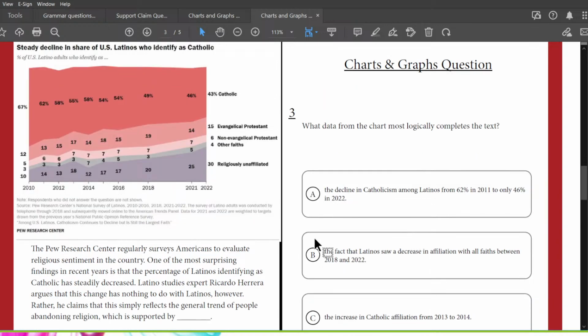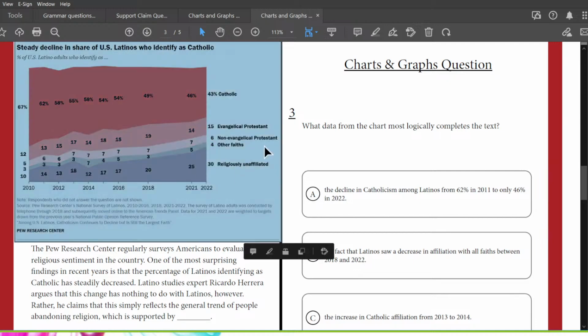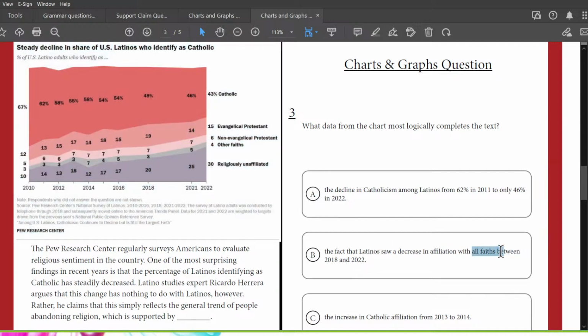So let me check it. 2018 to 2022, 49 to 46, okay. 19 to 14, okay. 7 to 7, hang on. Wait, no, I'm sorry, I need to keep reading. 49 to 43, 19 to 15, 7 to 6, okay. 3 to 4. So there's a little problem there. That was not a decrease with all faiths.